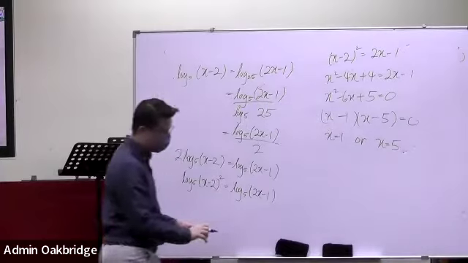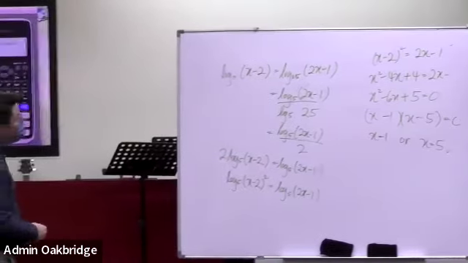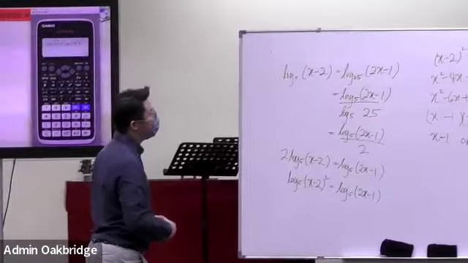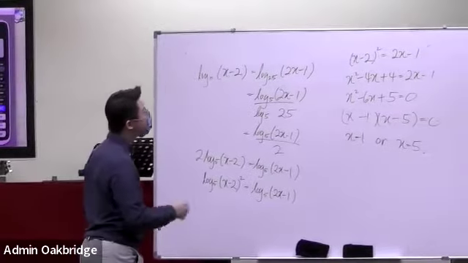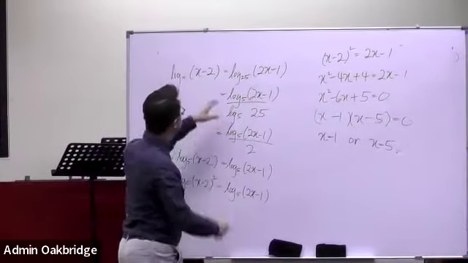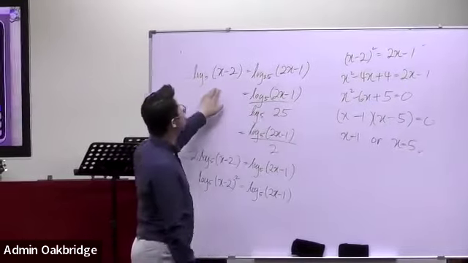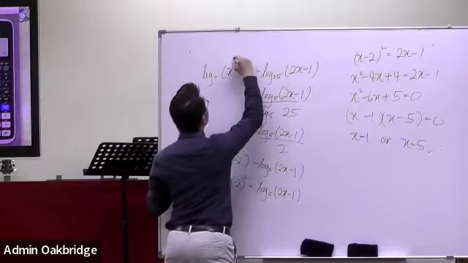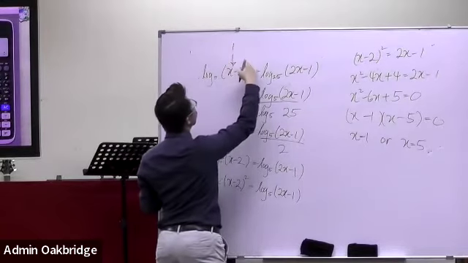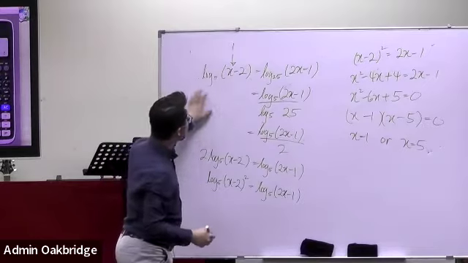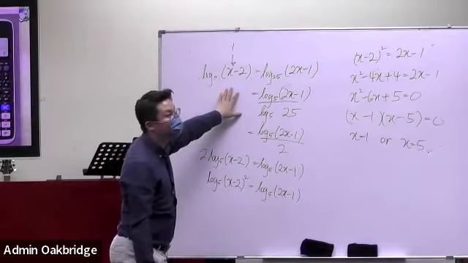But don't just stop here. You need to verify whether it's possible or not. Is x equals 1 possible or x equals 5 possible? You put 1 into this equation, what happened here? 1 minus 2 is what? Negative. So you see that the number inside the log is negative, which is not allowed.